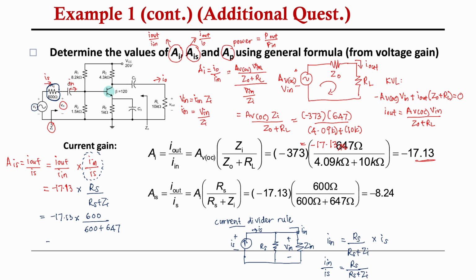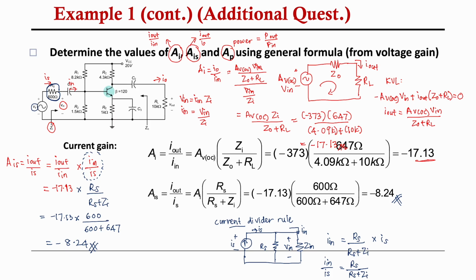So you will get the value to become negative 8.24. Gain doesn't have any symbols. So this is for the current divider rule.